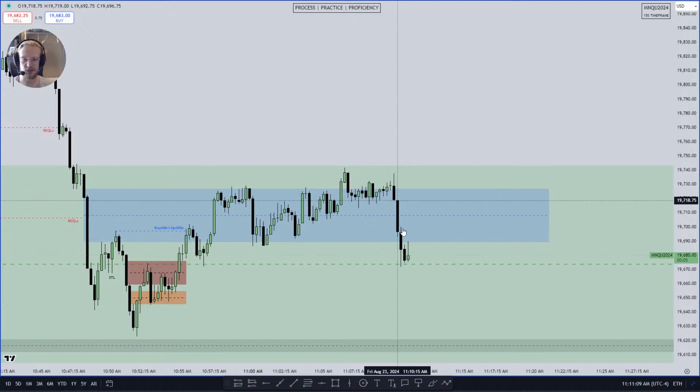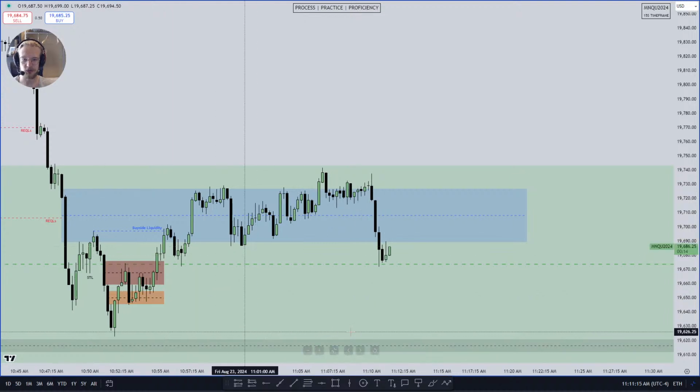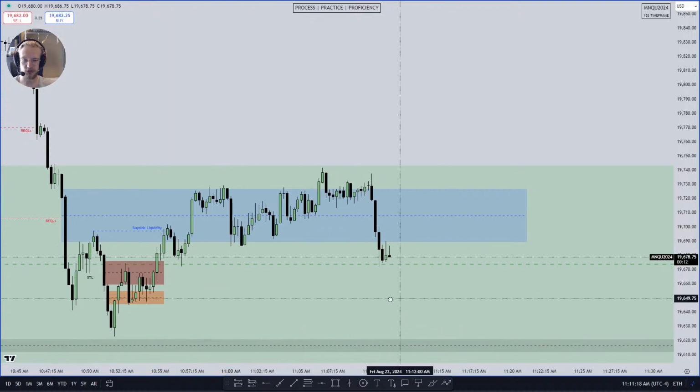But now with this displacement, it is quite clear that price is actually aiming for the new day opening gap as we were talking earlier.